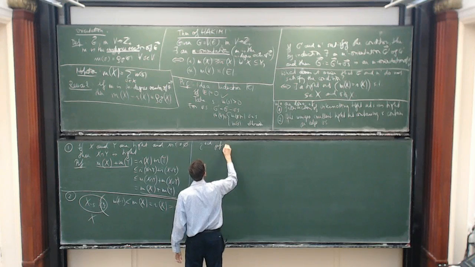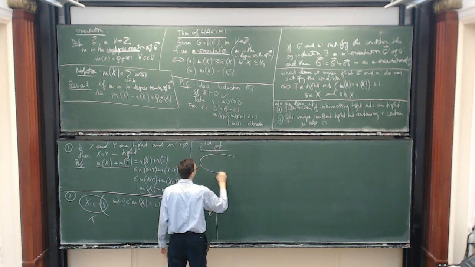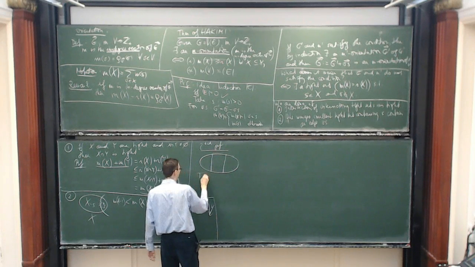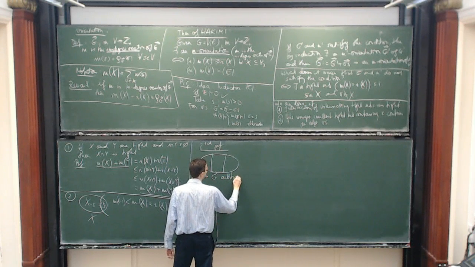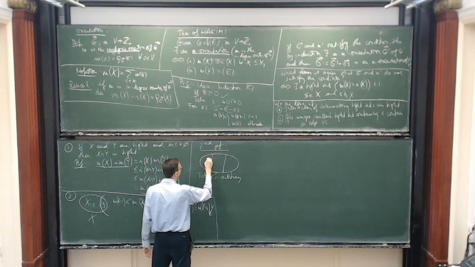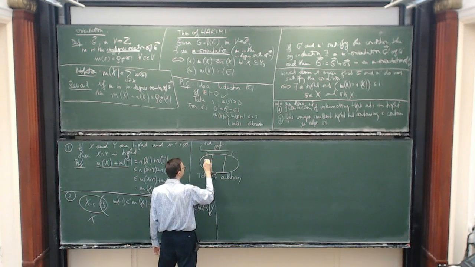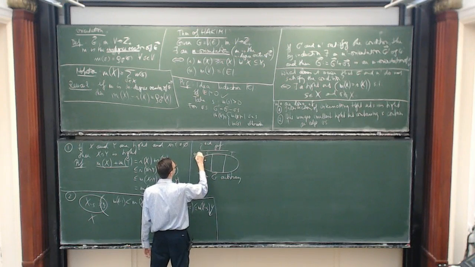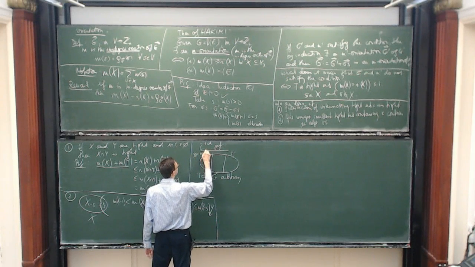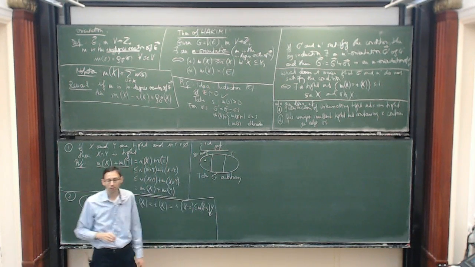Second proof. So take an arbitrary orientation, and then you look at the vertices where rho is too small, strictly negative. It's not big enough.